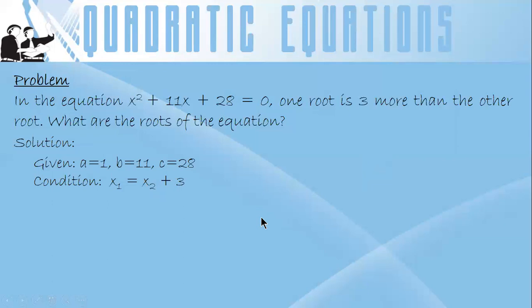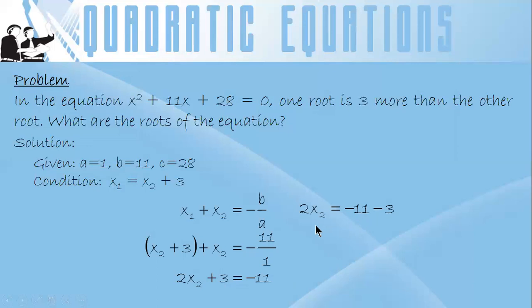So, ang atong gamiton is katong sum. Pwede po product if you want. Pero, ang akong gipresent diri is ang sum. x1 plus x2 equals negative b over a. Ilisan na naman ng x1. So, x2 plus 3 plus x2 equals negative 11 over 1. Negative 11 ra. Diba? Simplify ni. So, ang buhaton naman transpose na naman 3.